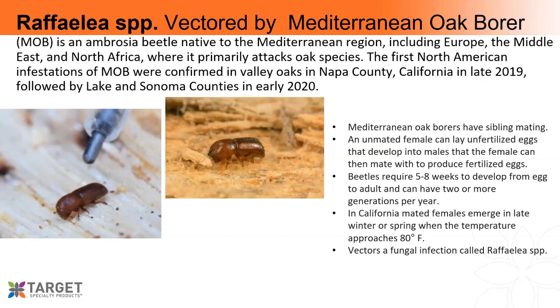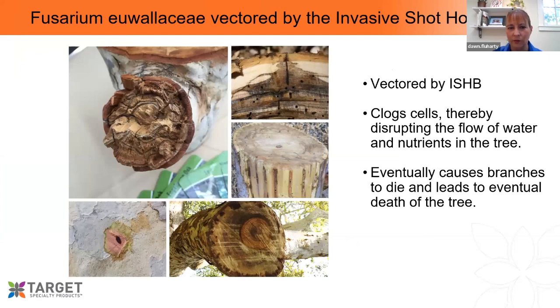But keep in mind with these vascular infections, when we're doing the injection to get that into the vascular tissue, if we've lost the flow of the water column, you can't get the fungicide to distribute. That's where we run into issues of clogged or already decayed vascular tissue to the point that the fungistat is not effective. The one we tend to see that more so on is the fusariums, especially the fusarium vectored by the shot hole borer.